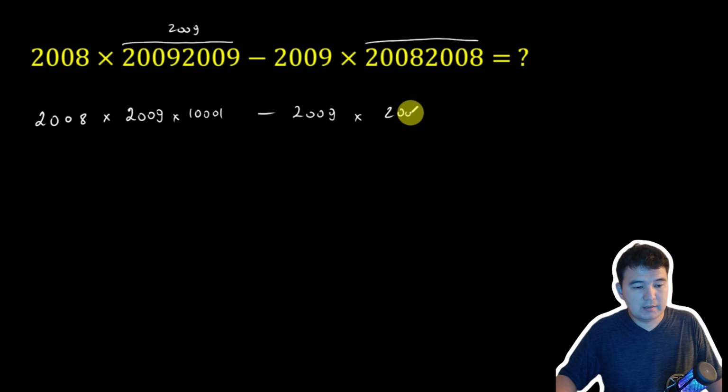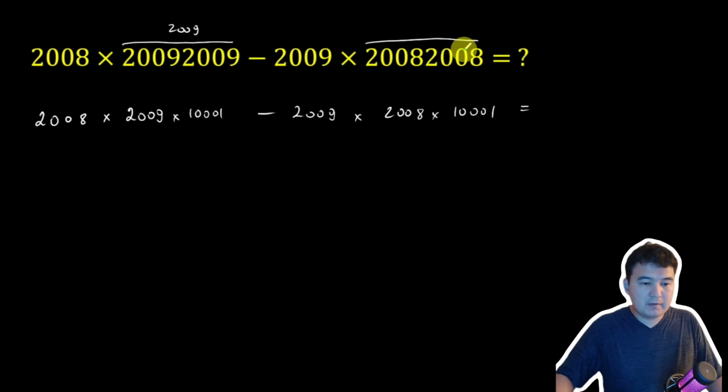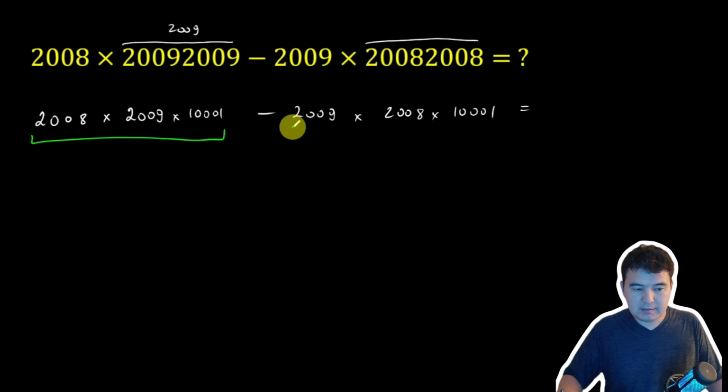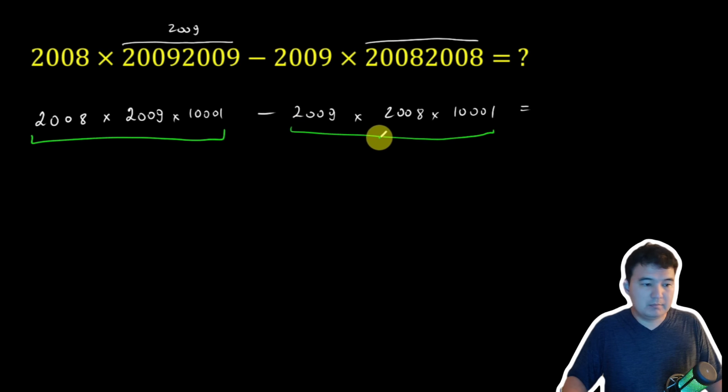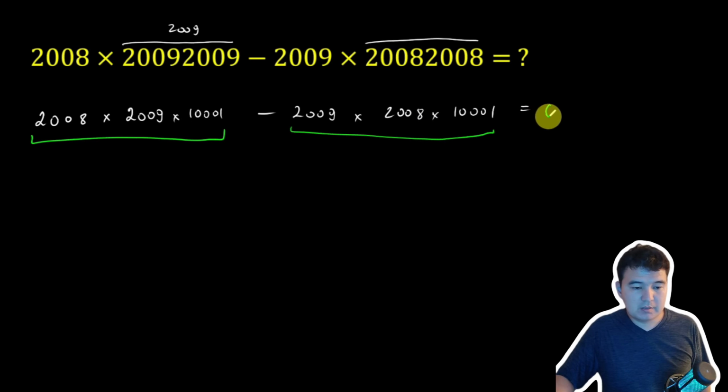It's 2008 multiplied by 10,001. After rewriting the expression like this, what we see is that this number is exactly equal to this one, because it's a product of 2008, 2009, and 10,001. Same three numbers here. So the difference is going to be just 0.